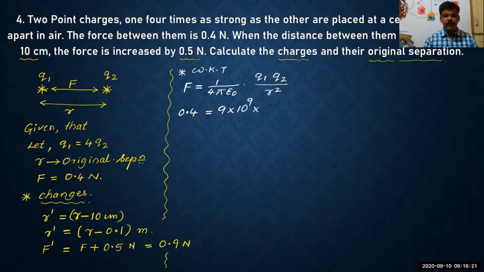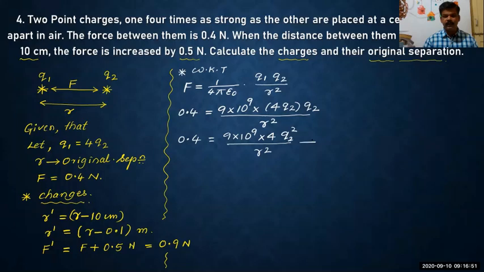Then Q1 is 4 times Q2, therefore I write 4 times Q2 into Q2. Then whole divided by r square, because we don't know the value of r. Or you write one more step, that is 0.4 is equal to 9 into 10 raised to 9 into 4 Q2 square, divided by r square. Call it as equation 1.